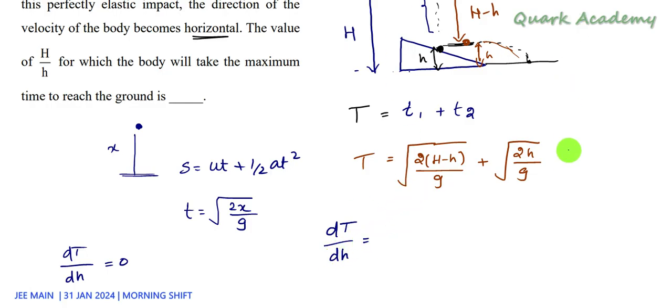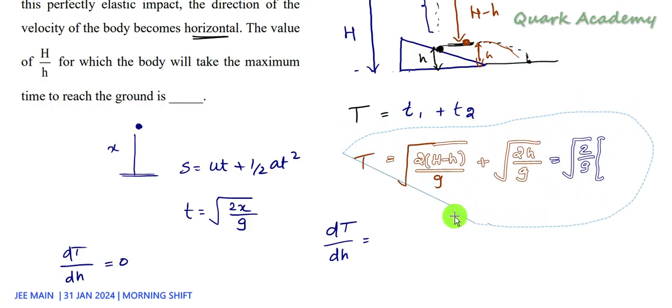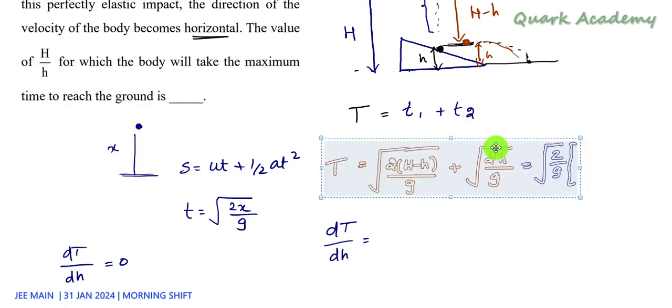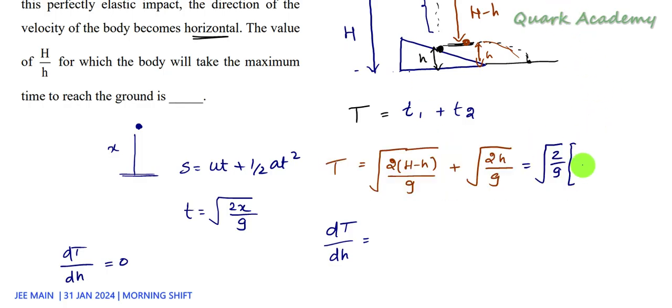I think it's better to take some components out which are common. This 2 by g is kind of common. Then we are left with root of H minus h, or H minus h power 1 by 2, plus h power 1 by 2.